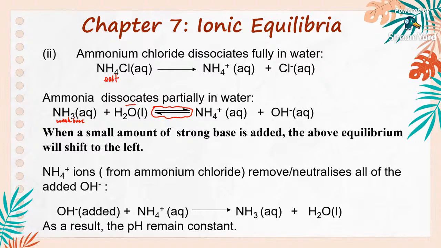And then when a small amount of strong base is added, this equilibrium will shift to the left, meaning that the ammonium ions remove or neutralize all of the added hydroxide ions. So the hydroxide ions are neutralized by the conjugate acid to produce ammonia and water. So this is the equation. As a result, the pH remains constant.